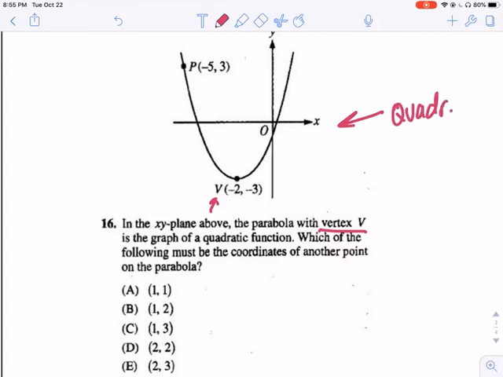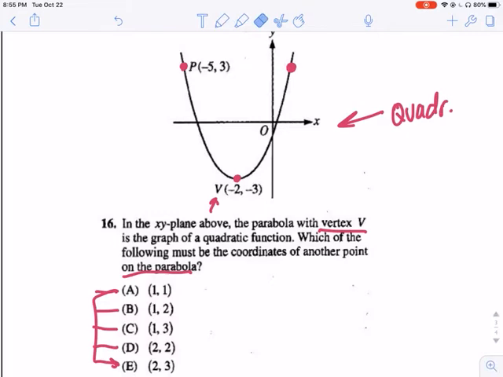Which of the following must be coordinates of another point on the parabola? I need to see if any of these points could be on my line. They only give me two points of information, the vertex and P. The only thing I really know is that there should be another point right over there.